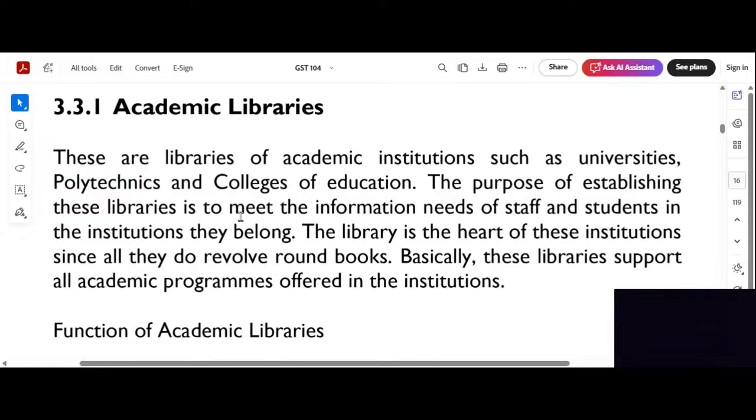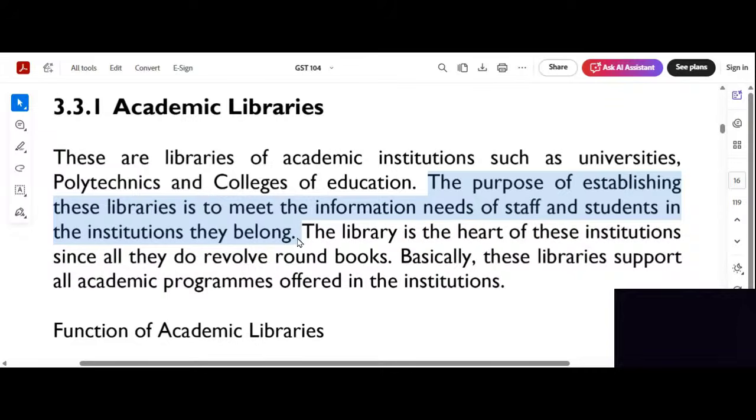Very simple. The moment you hear academic, let your mind go to universities, polytechnics, and colleges of education, institutions in essence. The purpose of establishing these libraries is to meet the information needs of staff and students in the institutions they belong to.